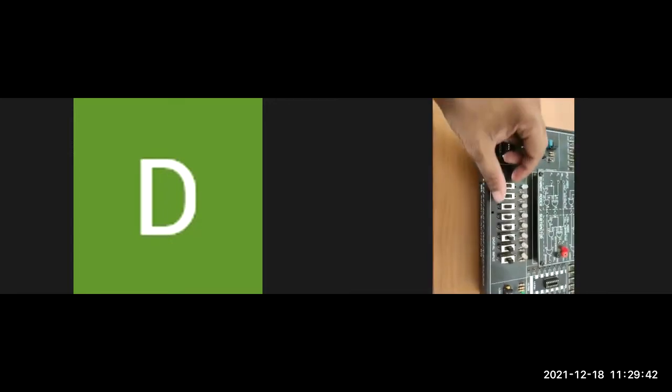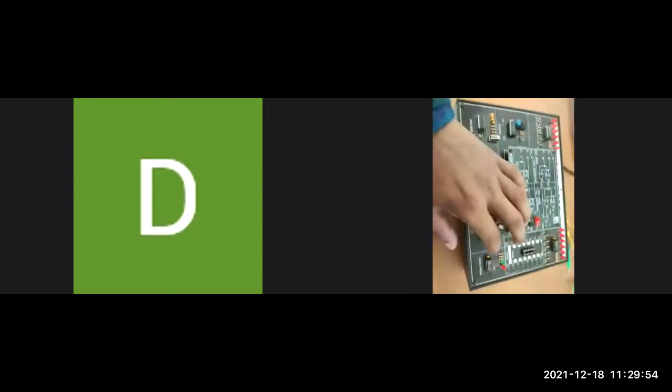We already know that to perform the full adder and full subtractor we need 3 inputs, and with 3 inputs we get 8 input combinations. So there are 8 digital inputs. This portion is for the digital output. This is the clock and pulser, and mainly we will focus on this portion as well as the digital input and digital output.